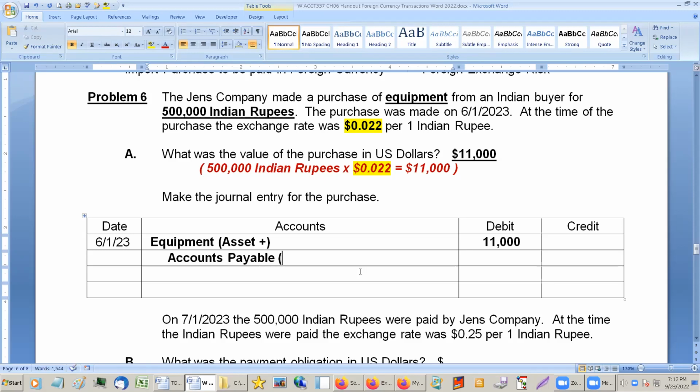Accounts payable, it's a liability going up. We owe them more now. $11,000 more to be exact. So our assets go up, but so do our liabilities.